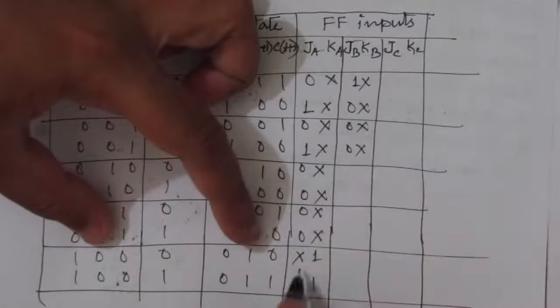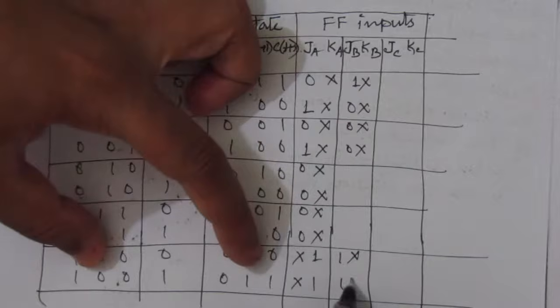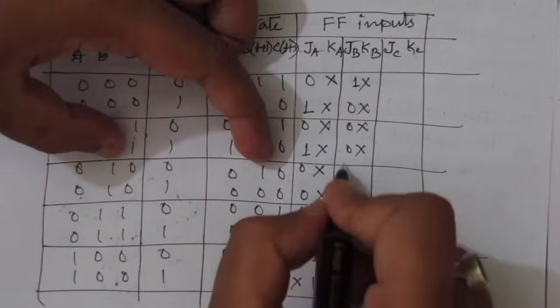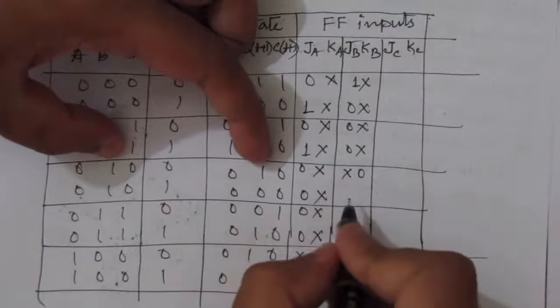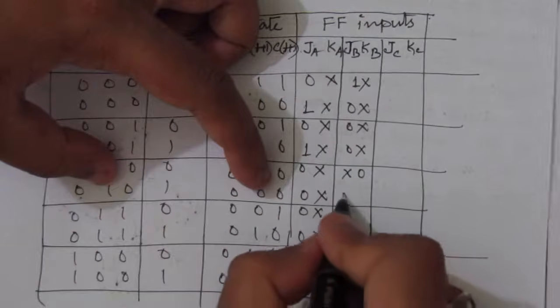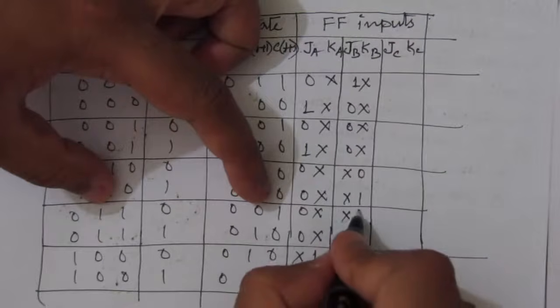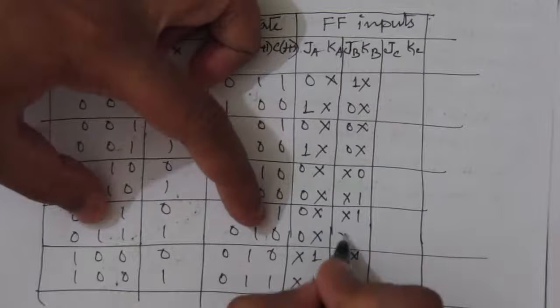Next we have 0 1 here, so 1, don't care. Next we have 1 1, for which we have don't care, 0. For 1 0 we have don't care, 1. For 1 1, don't care, 0.